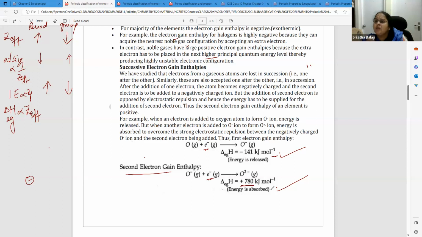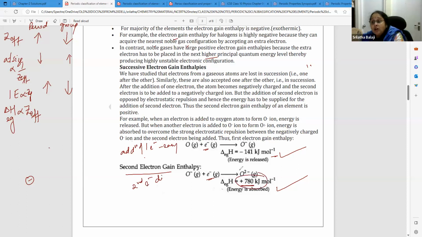What do you understand from this? Addition of second electron is difficult. Addition of first electron is easy. Are you getting it? Addition of first electron is easy. Second electron is difficult. That's why energy is absorbed.